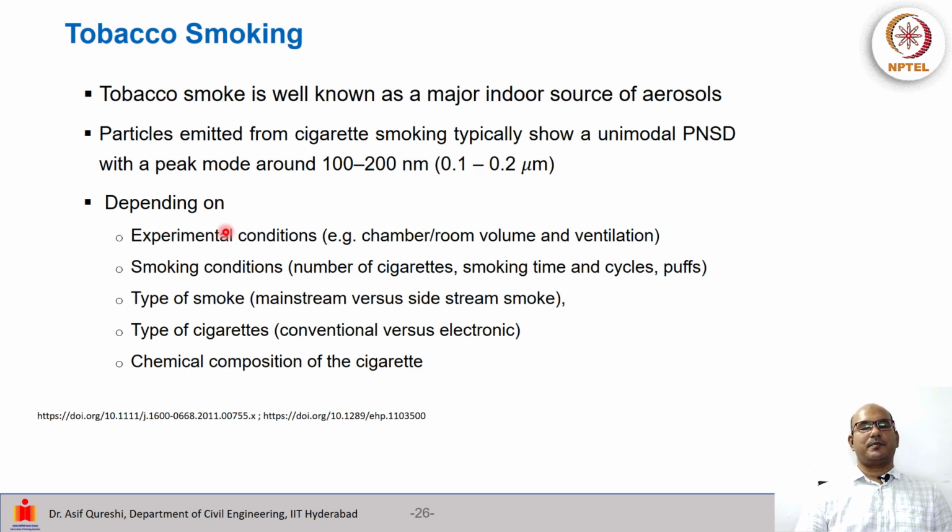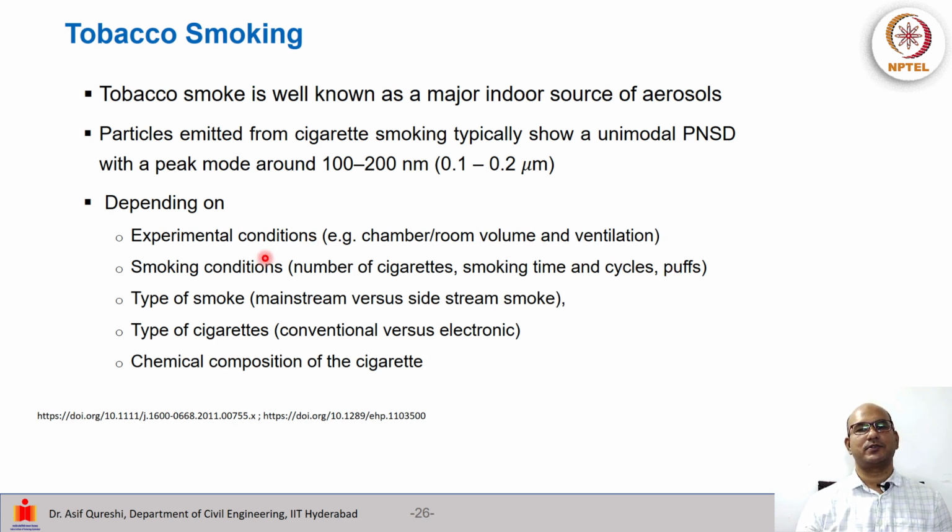This peak generally depends on the experimental conditions itself, for example, the chamber or room volume and the ventilation being employed. Then the smoking conditions, which could mean the number of cigarettes being smoked, the smoking time and smoking cycles, and if the person is taking puffs, influence the particle size distribution and the location of the mode.